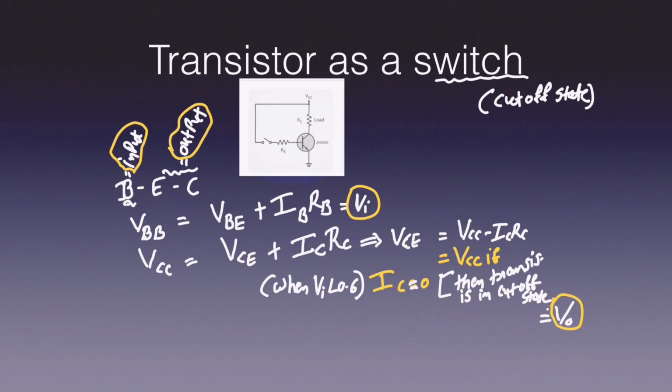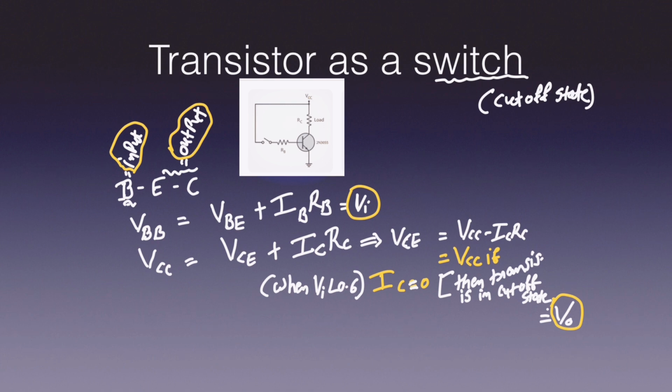Let's understand the working of the transistor as a switch. Our circuit is in common emitter configuration. Whenever we are talking about input, the base will be included, and whenever we are talking about output, the collector will be included. And all of you know that a switch requires an on-off function. We are taking the input voltage as VBB.